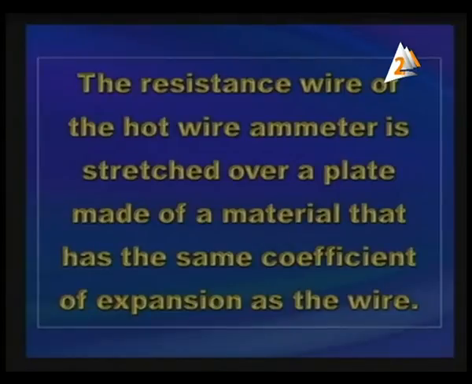Another give reason: the resistance wire of the hot wire ammeter is stretched over a plate made of a material that has the same coefficient of expansion as the resistance wire.